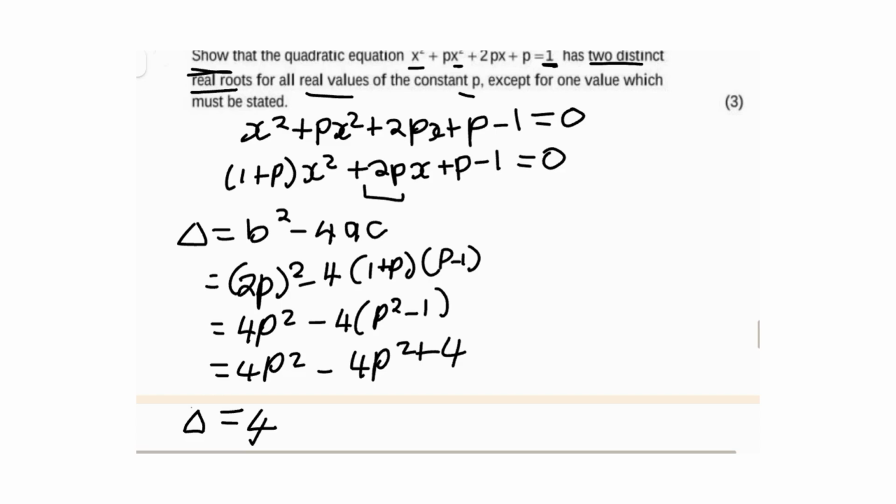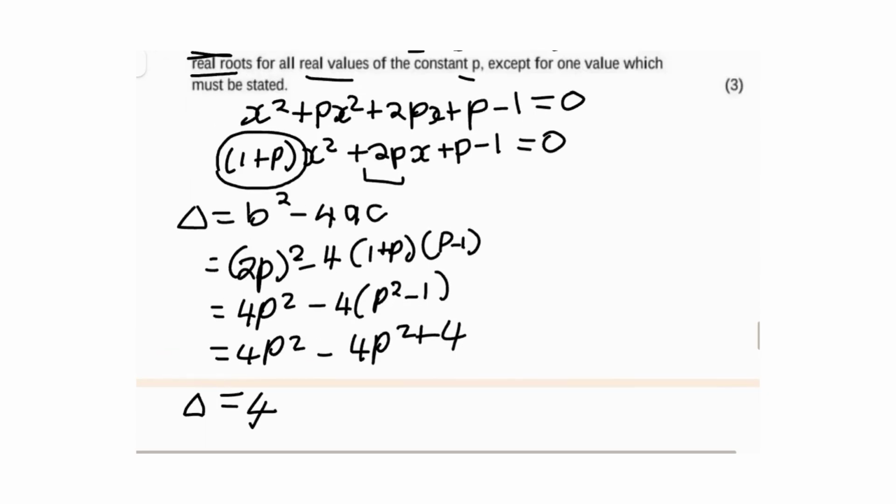So if you think about a quadratic, we don't want this part to be 0. If 1 plus p is 0, you're going to have 0 times x squared, and that's going to be 0, so we don't have a quadratic anymore.